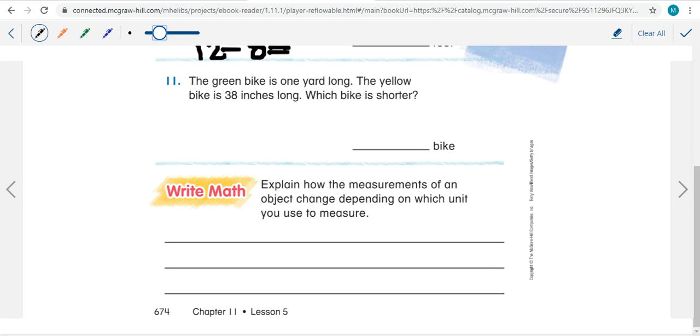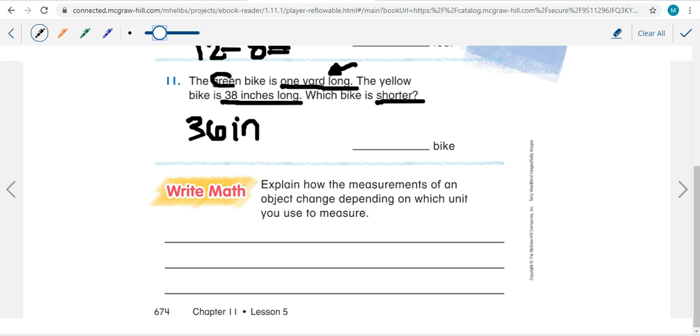Number 11. The green bike is 1 yard long and the yellow bike is 38 inches long. Which bike is shorter? Remember then that 1 yard is 36 inches. So the green bike is 36 inches and we want to know which of the bikes is shorter, and 38 is obviously more than 36.